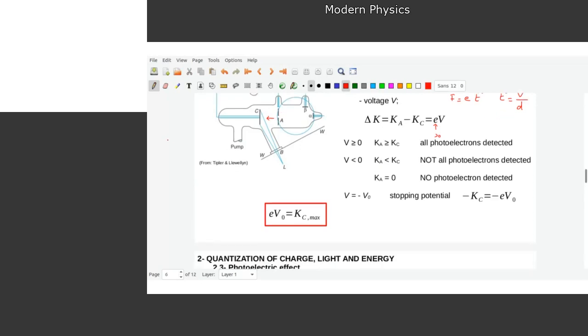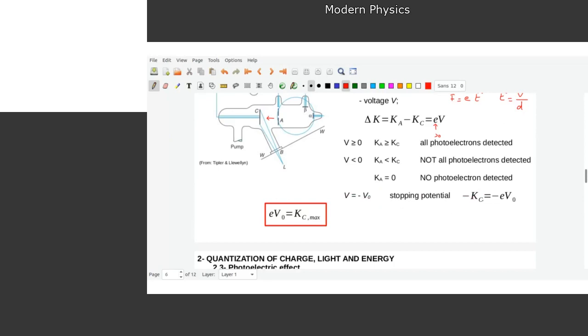So we have no photoelectron. And so we use this relation between the voltage and the kinetic energy. The kinetic energy, I remind you, is always positive or 0. It cannot be negative. So we call V0 the stopping potential.